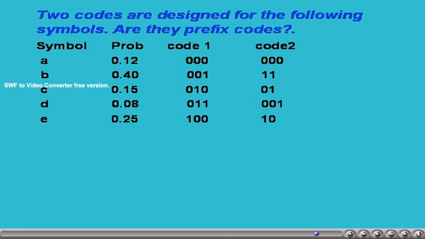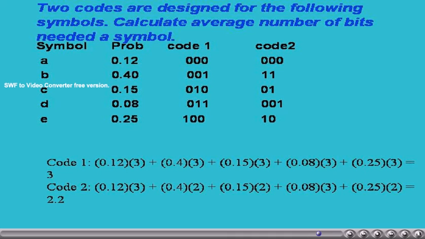Thus, the prefix property is satisfied. The average number of bits required per symbol in both the codes are calculated in the slide. One requires 3 bits per symbol, whereas the other one requires 2.2 bits.